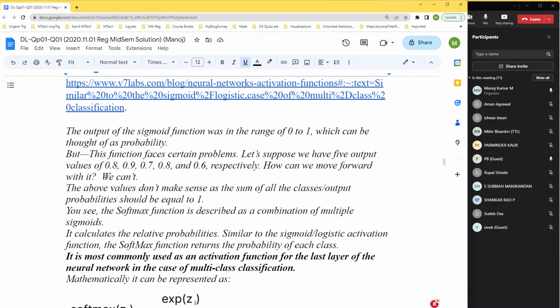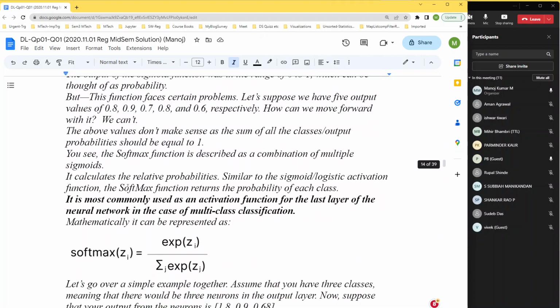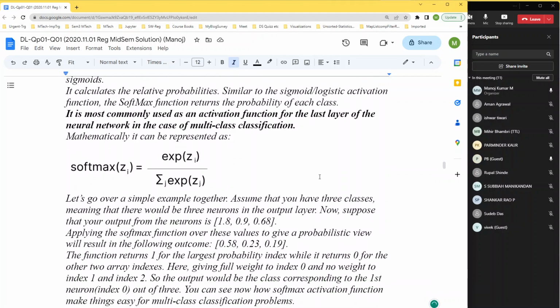How can we move forward with it? We can't. The values don't make sense, as the sum of the classes' output probabilities should be equal to 1. The softmax function is described as a combination of multiple sigmoids. It calculates the relative probability similar to the sigmoid logistic activation function, so it returns the probability of each class. It is most commonly used as the activation function for the last layer of the neural network for multi-class problems.